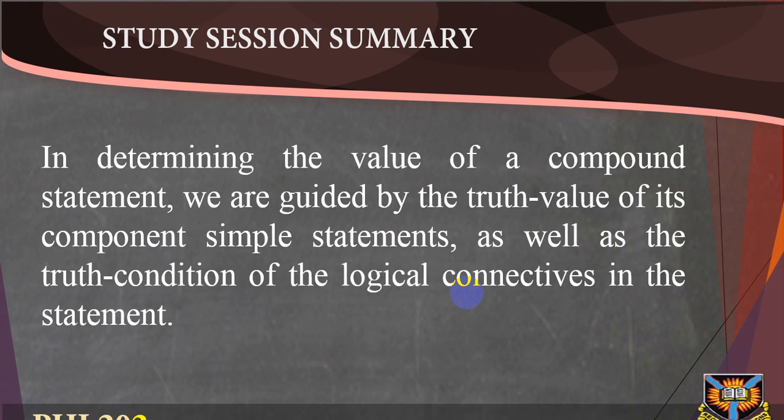Among the symbols are those representing logical connectives as well as the various punctuation marks. In determining the value of a compound statement, we are guided by the truth value of its component simple statements as well as the truth condition of the logical connectives in the statement.